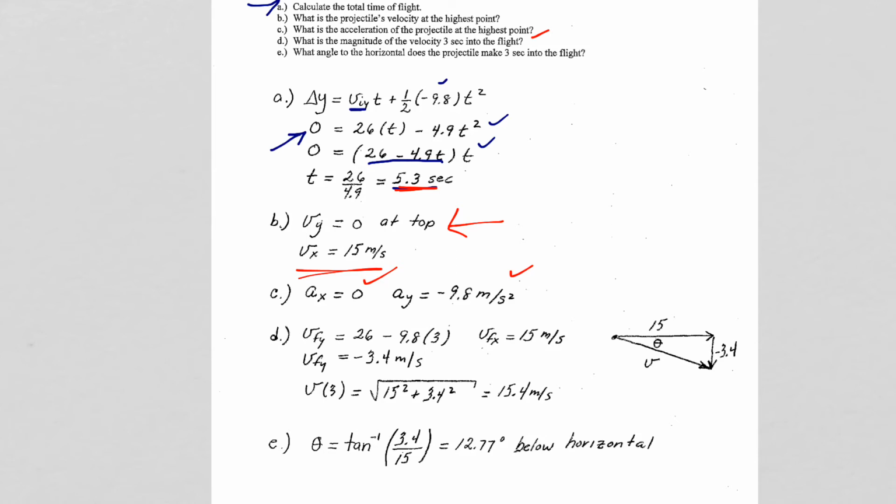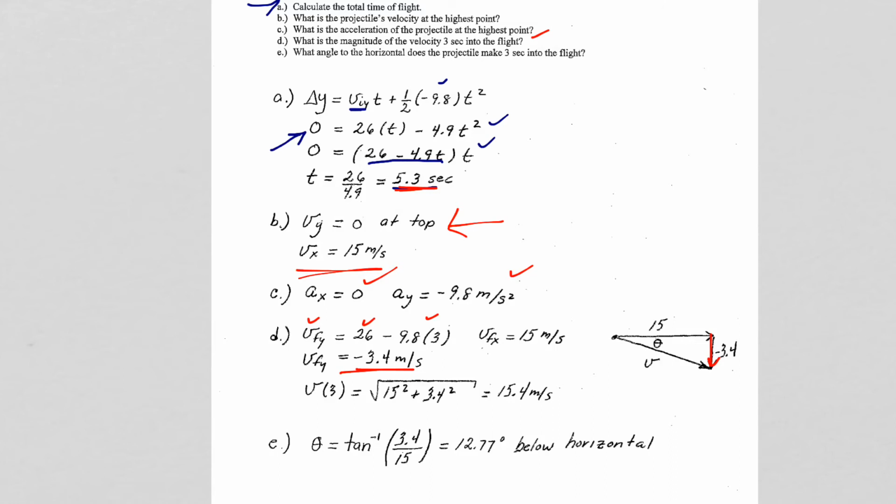So v final equals v initial plus acceleration times time. And notice we get a y velocity of negative 3.4 meters per second. So I know it's past the top. This sucker's on its way back down.